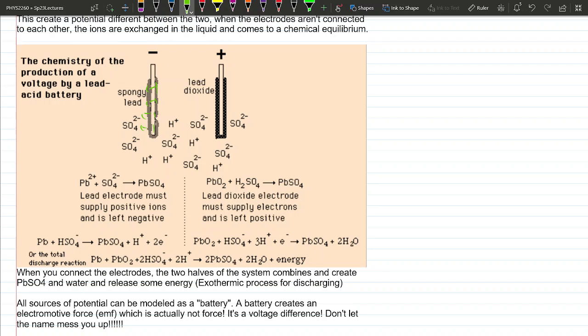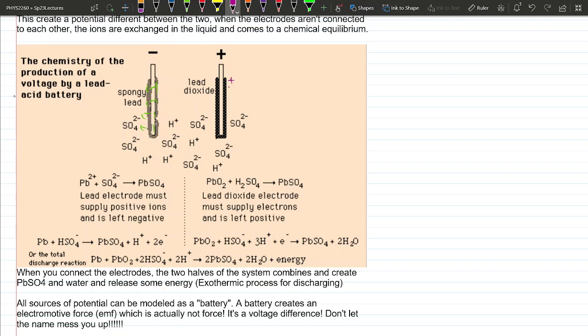On the other side, the opposite happens, where you have lead oxide interacting with the acid, and it also produces PbSO4. But in that reaction, you produce 3 positive charges and 1 negative charge. So every time that reaction happens, you end up with 2 extra positive charges.